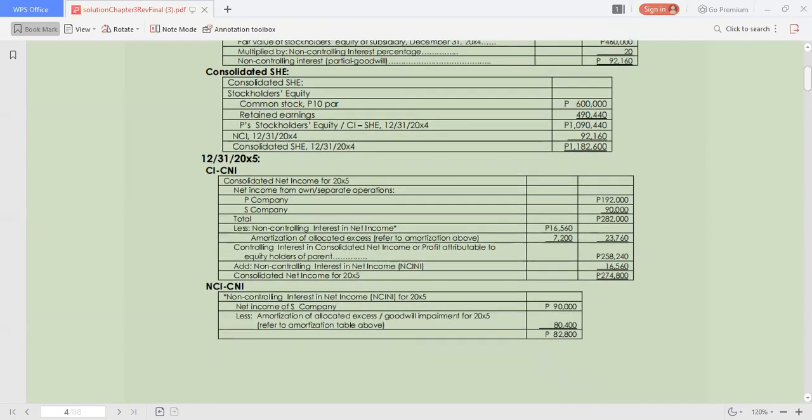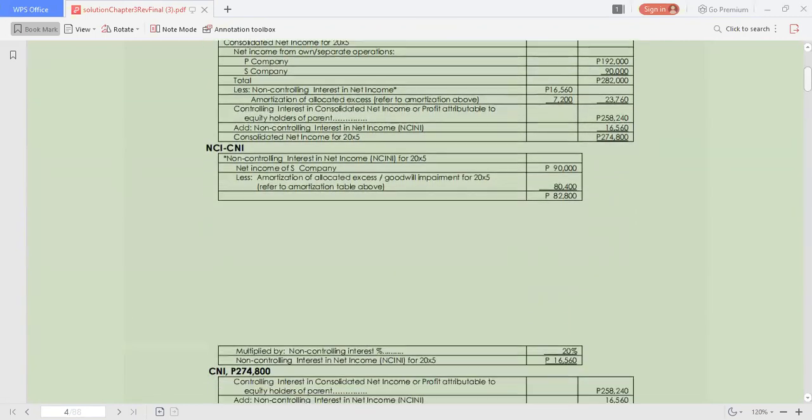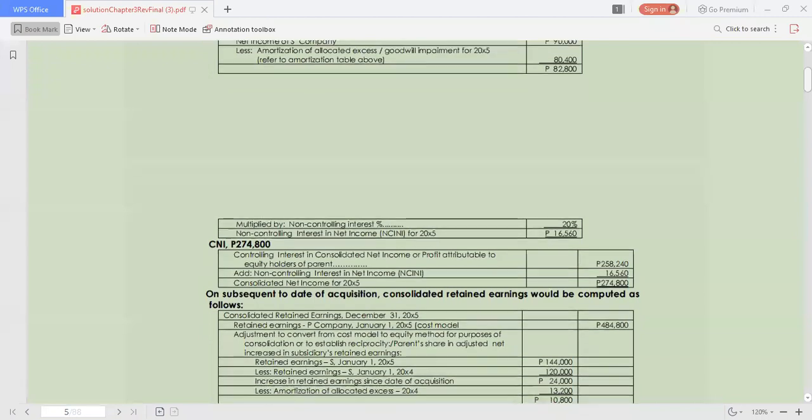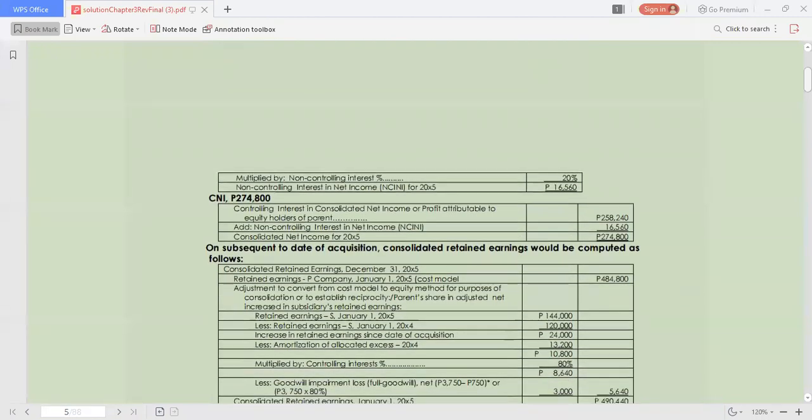The non-controlling interest net income for 20x5, net income of 90,000. Then we deduct amortization of allocated excess or goodwill impairment for 20x5. Now we refer to the amortization table above, multiplied by non-controlling interest. So we have non-controlling interest in net income. And we have the consolidated net income for 20x5.